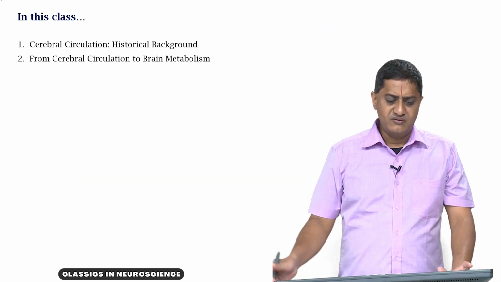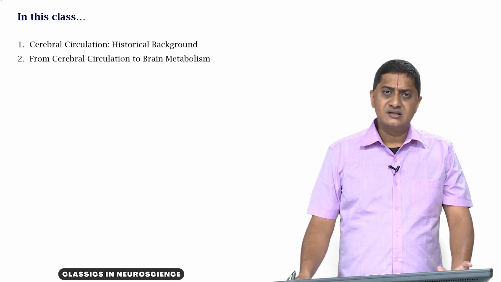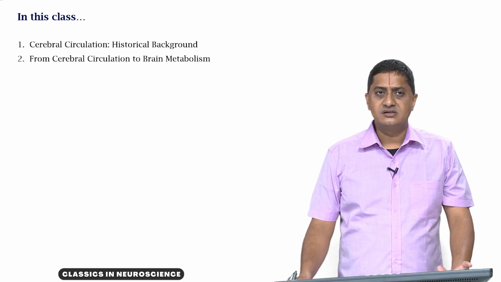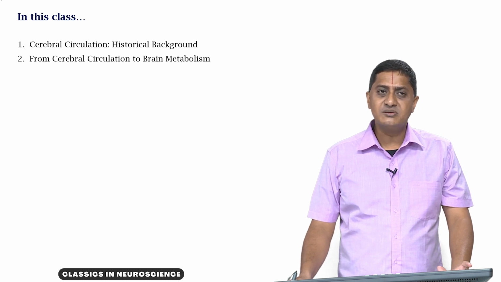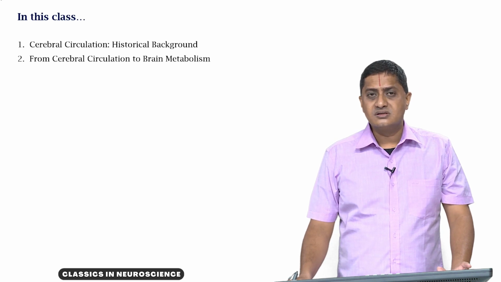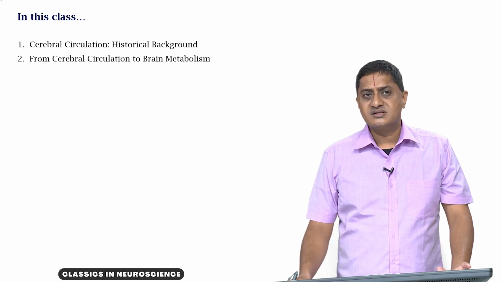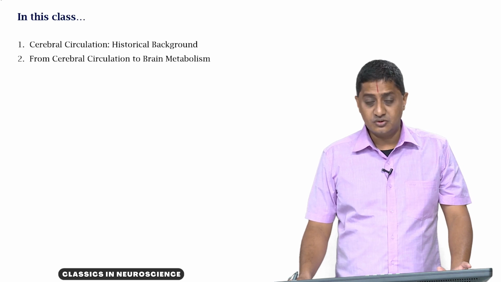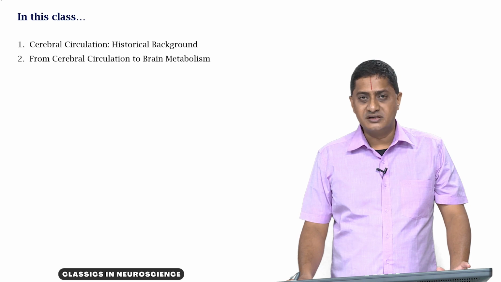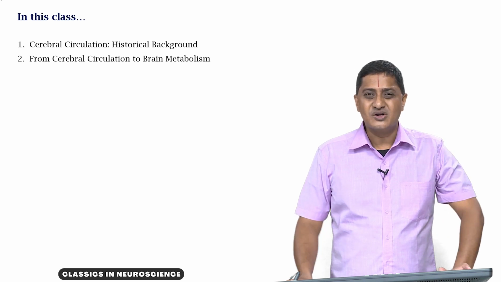In this video, we will look at cerebral circulation and the scientific studies and the historical background that led to the development of research in the field of cerebral circulation, and how one could move from cerebral circulation to brain metabolism. These two are interrelated, but it was not obvious.